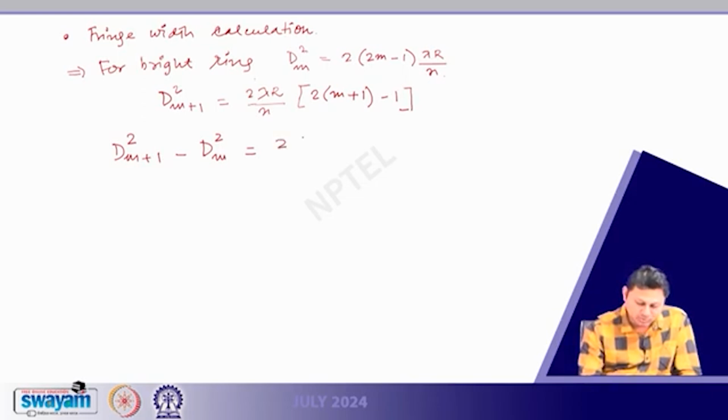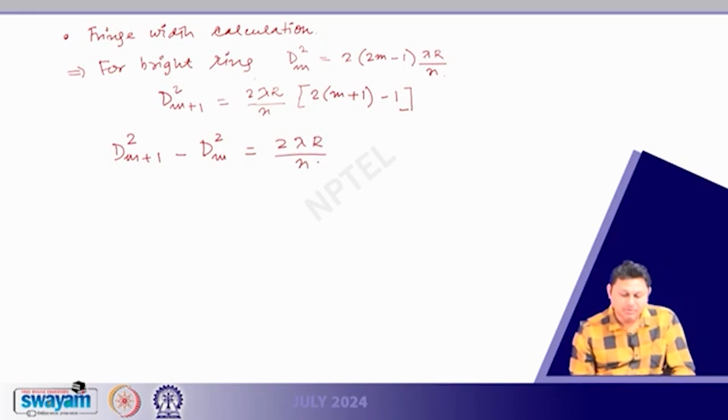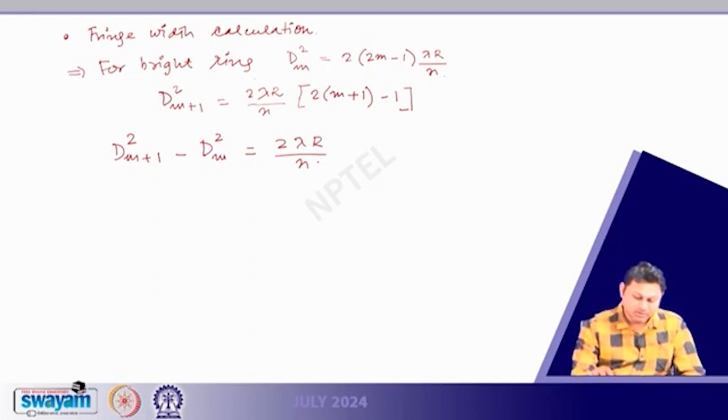It is 2 lambda r divided by n. If I take this term common, then the rest of the term is simply 2m plus 1 minus 2m minus 1. So we should have simply a 2 term here, and that leads to 4 lambda r divided by n.